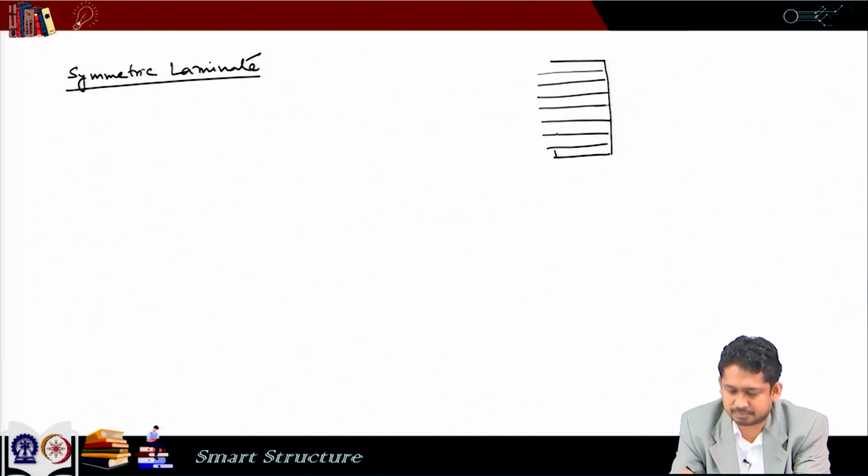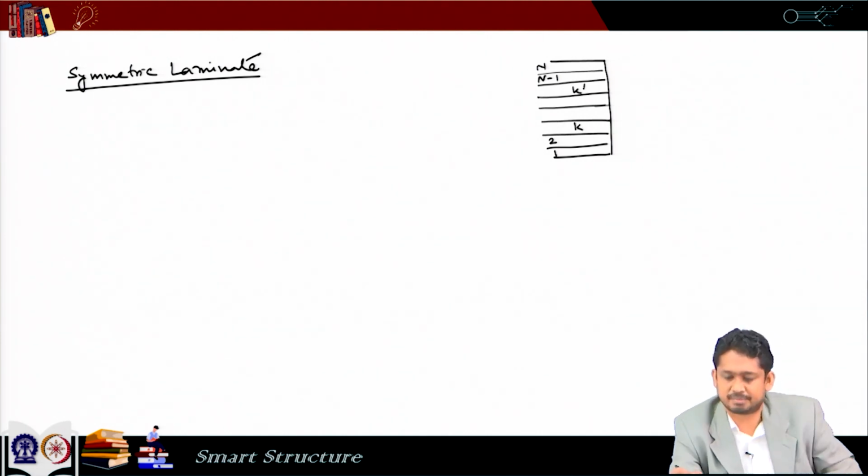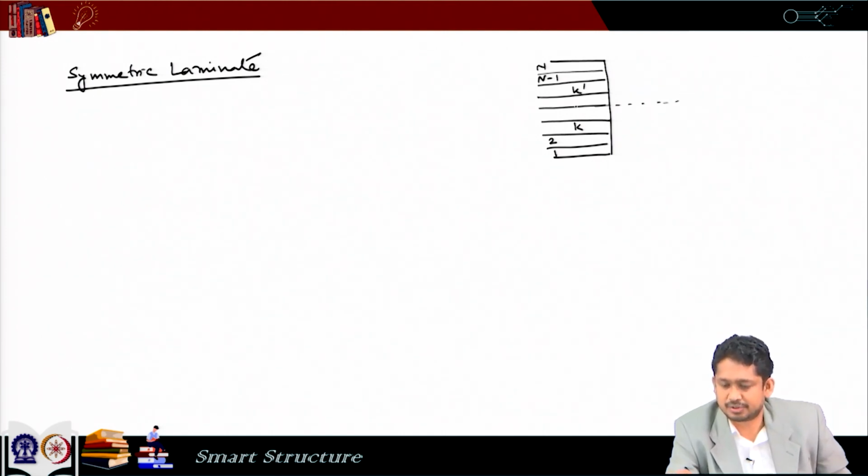Layer 1, this is layer n, this is layer 2, this is layer n minus 1, and we can call a generic layer k, and a symmetrically opposite layer is k prime. So, this is our mid plane z is equal to 0.